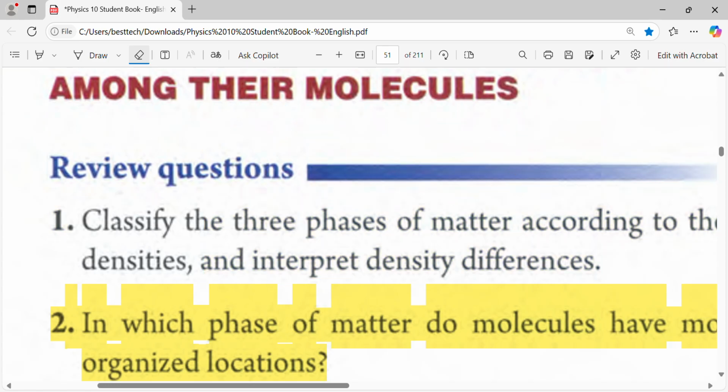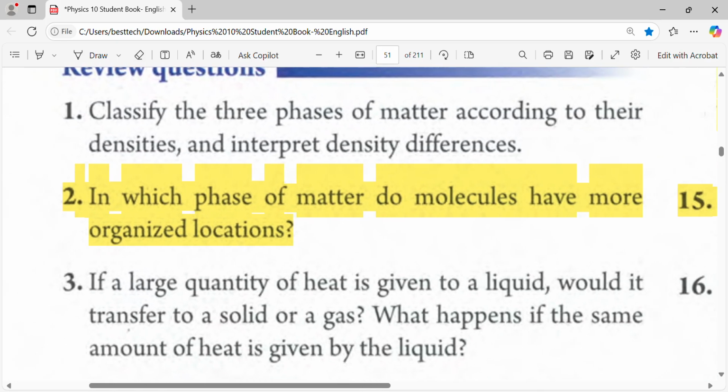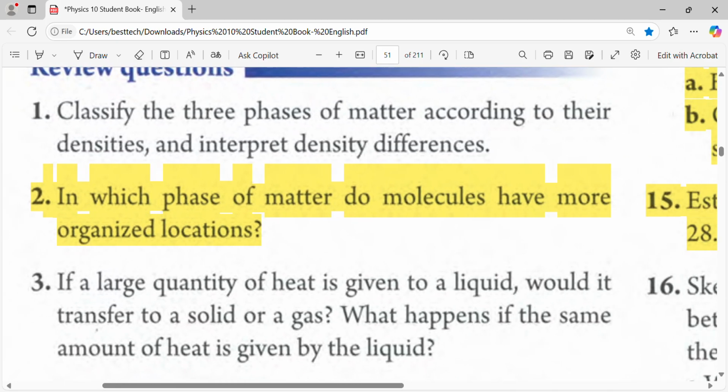Question 2. In which phase of matter do molecules have a more organized location? Guys, among the three phases of matter, solid, liquid and gas, which one has a structure that is organized and regular? Of course solid, because we studied the structure of solids: all of the molecules are next to each other.